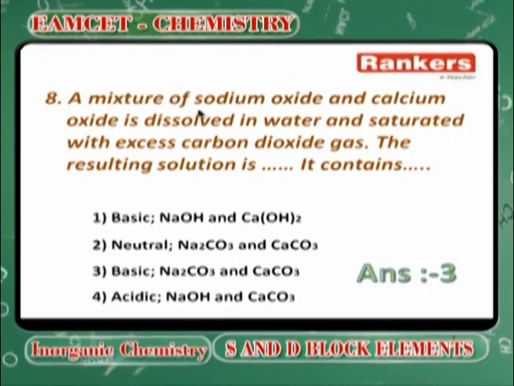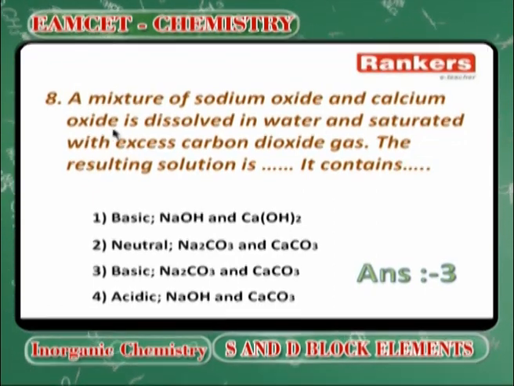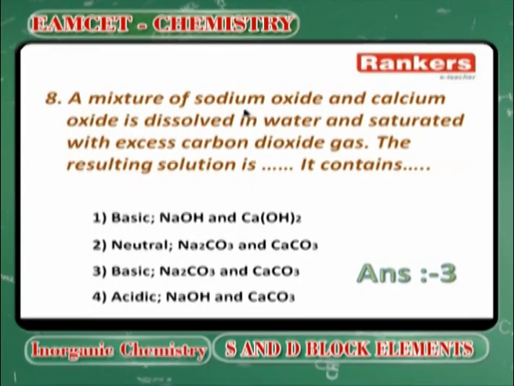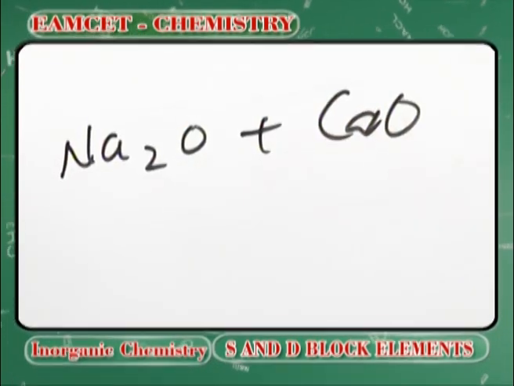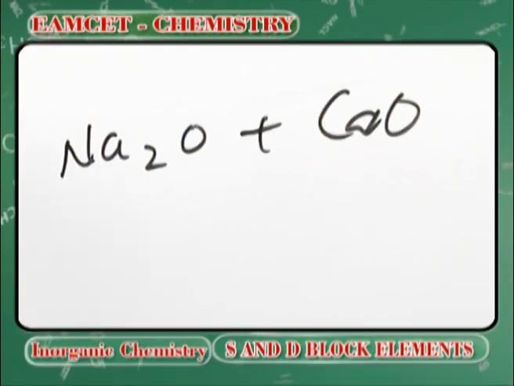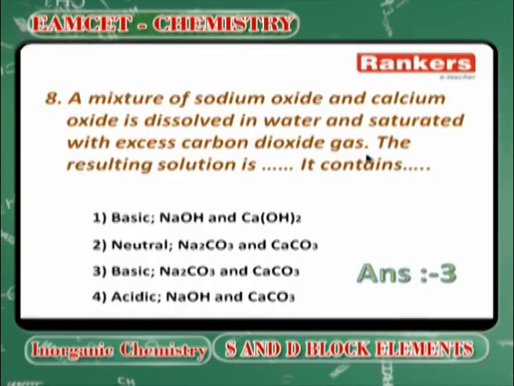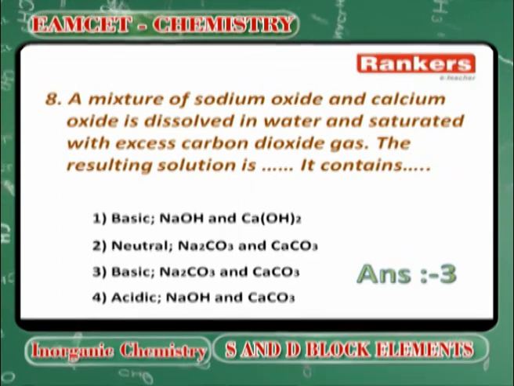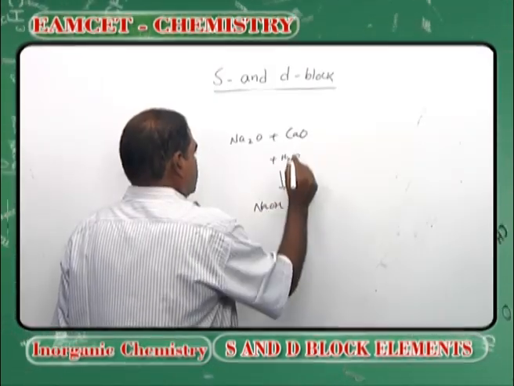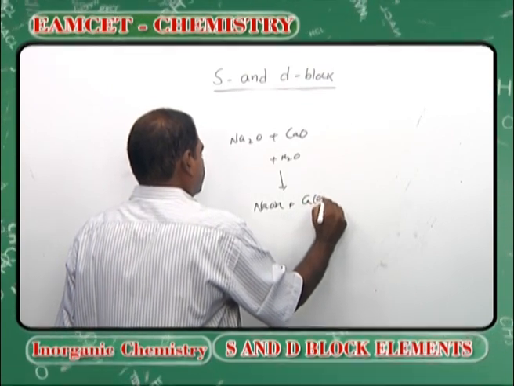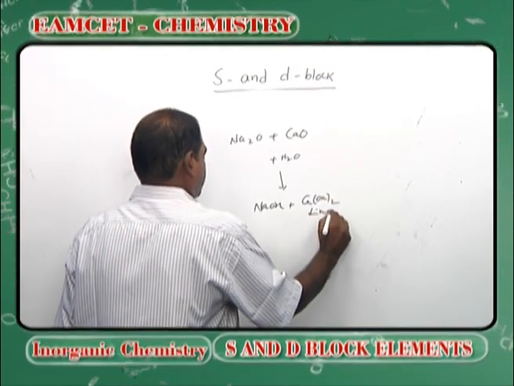A mixture of sodium oxide and calcium oxide, dissolved in water and saturated with excess of carbon dioxide. You dissolve that in water. You get NaOH and Ca(OH)2, calcium hydroxide, which is called lime water.